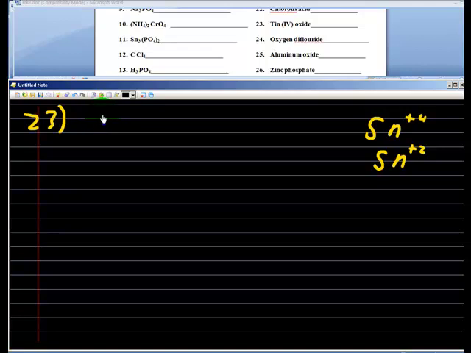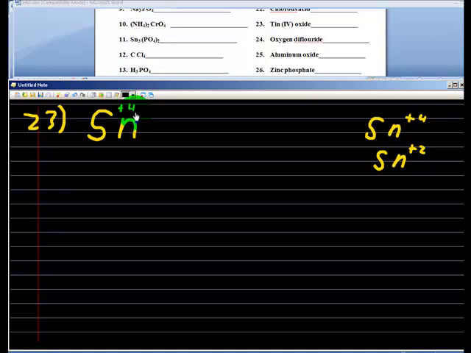And so the problem becomes, which tin version is it in this problem? Is it going to be the +4? Is it the +2? When you look at question number 23, it says tin Roman numeral 4. That is telling you that the tin, in fact, is in the 4 state.